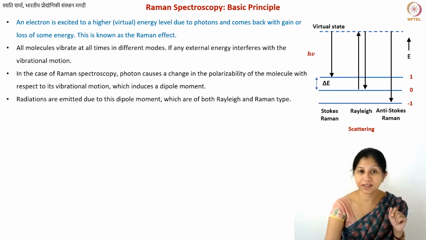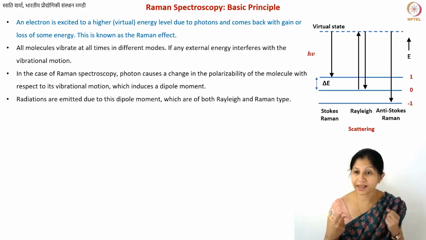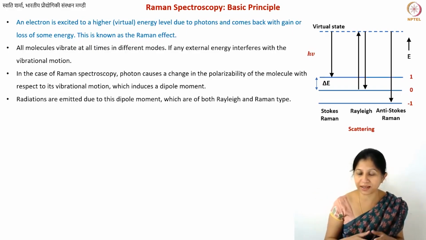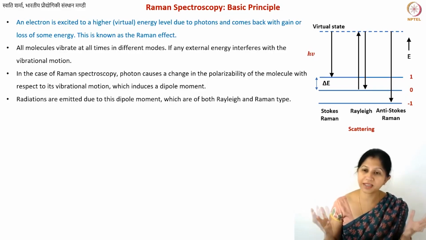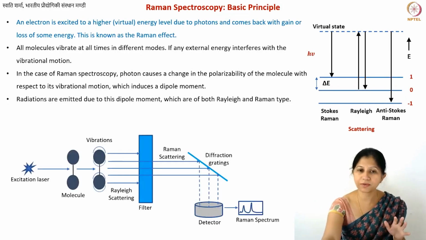And because of this process, the excitation of the electrons and their coming back, we gain some radiation. Because of this induced dipole moment, we get radiation which could be in the Rayleigh and the Stokes and anti-Stokes regions. So now we get a lot of scattered radiation, and what we can do is have a filter. This is a basic schematic of a Raman spectrometer.